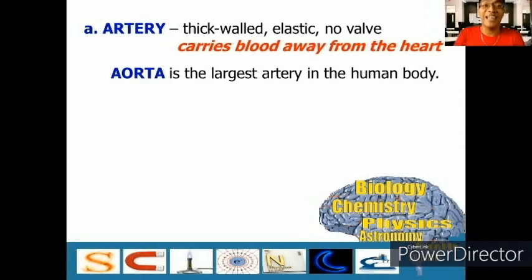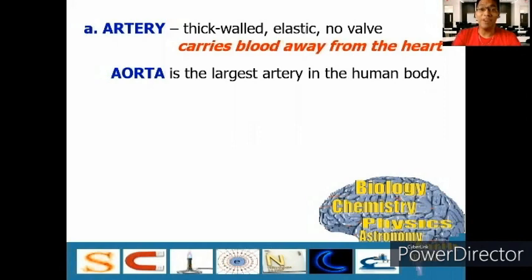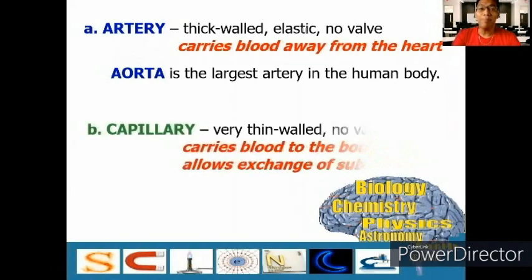throughout the body. The second type of blood vessel is the capillary. Actually, capillaries are also arteries. So it means they are responsible for bringing the blood away from the heart. However, they are much smaller than arteries and they have very thin walls and still have no valve.